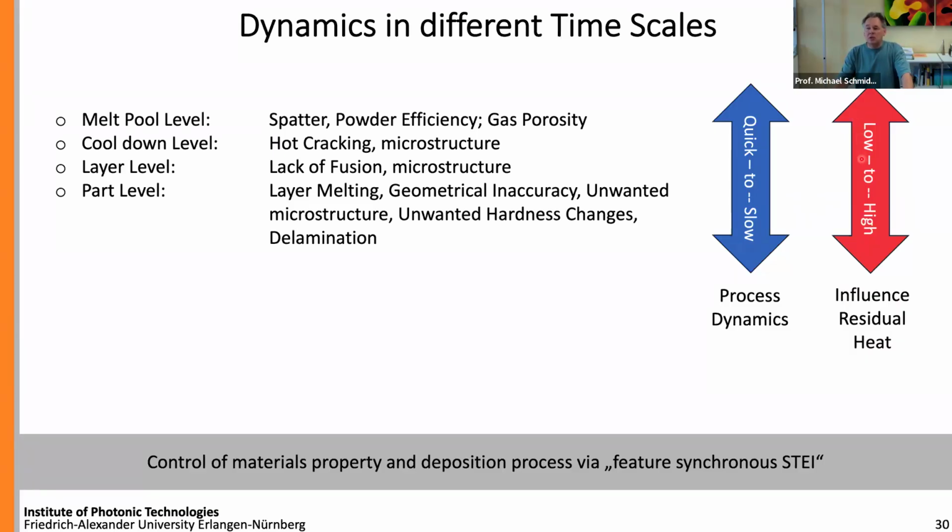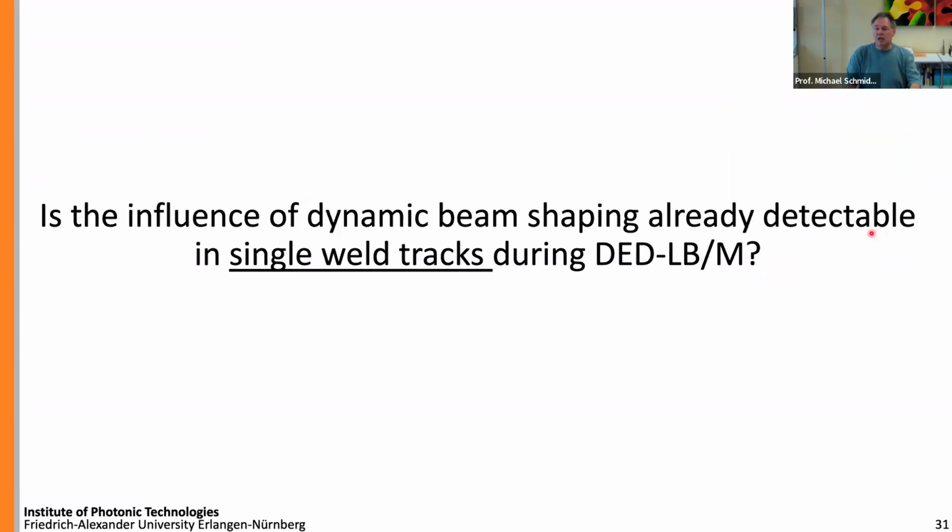But looking at the microstructure at part level, the influence of residual heat is really big. I'm going to comment on these a bit in the next slides, and I think this slide already shows that it might make sense, if you want to influence these things, to use different beam shapes to counteract certain defects that might happen.